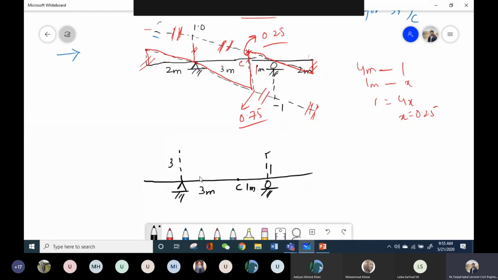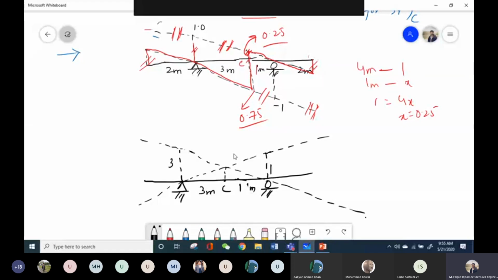So I will plot two lines which will pass through these supports, and here also this line which will pass through this support. Now, this point is right above point C, so this distance is 1 meter.